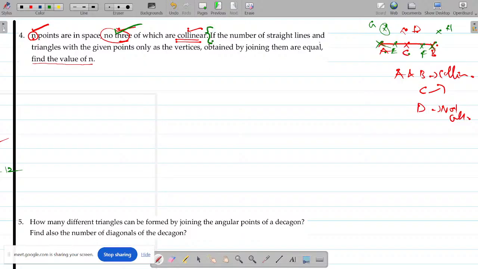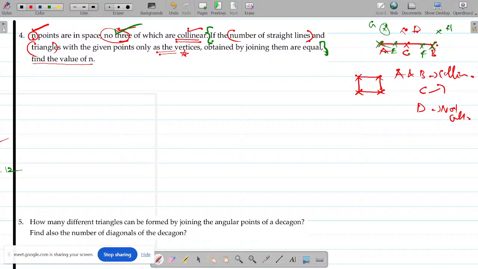Now the question is: the number of straight lines and triangles with the given points only as vertices. What do you mean by vertices? For example, if I draw a triangle or rectangle, you'll call this a vertex, right?